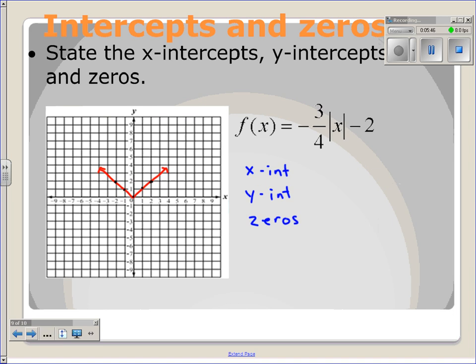Alright, let's look at this one. We have a vertical shift down 2 units, a reflection, so I'm going to do the reflection, and I'm going to go down 2.